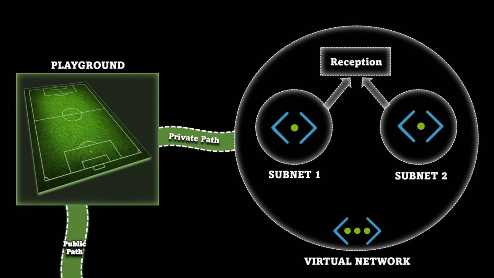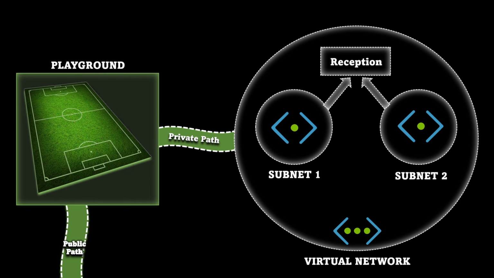This allows you to configure rules, apply security controls, and manage traffic separately for each subnet. Think of it as having different departments inside the company premises, each with its own boundaries and policies. So that's exactly what a subnet does in a virtual network.